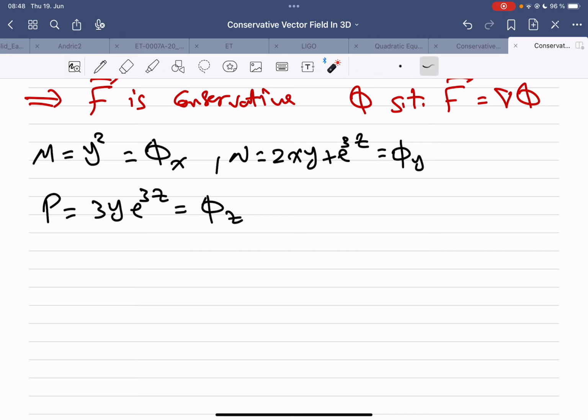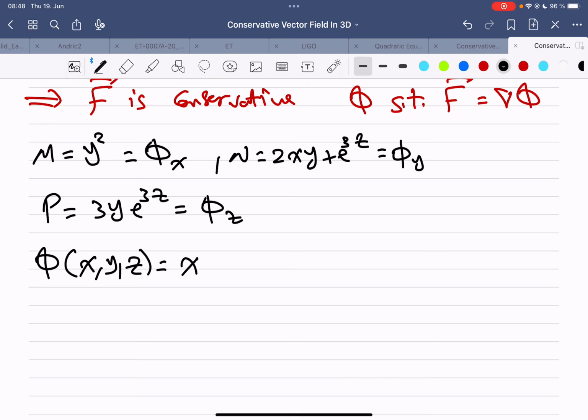So we will start by integrating phi x with respect to x. So it will give us phi(x, y, z). Integrate this with respect to x will give you xy squared plus function of y, z.